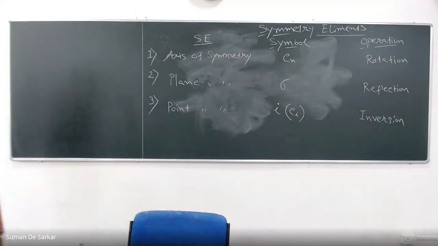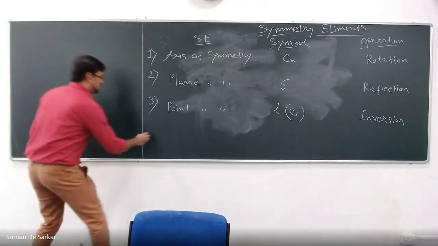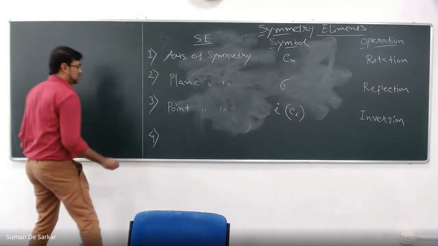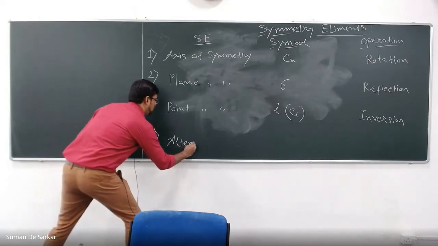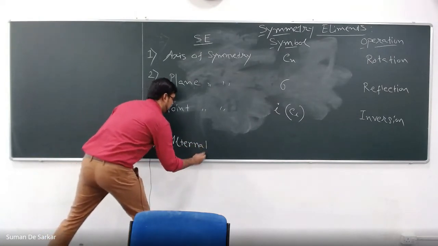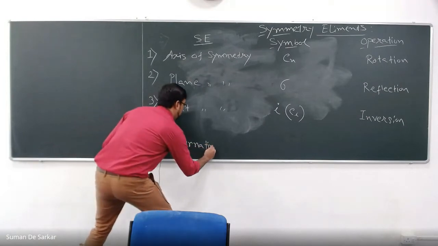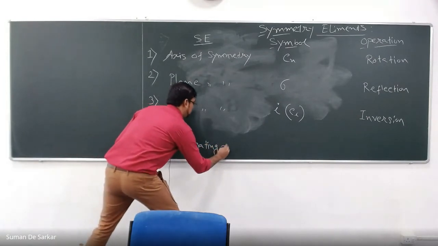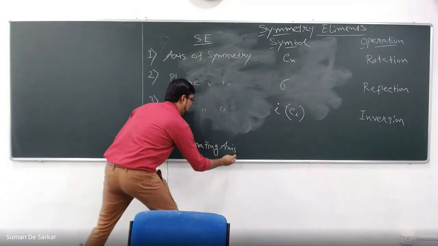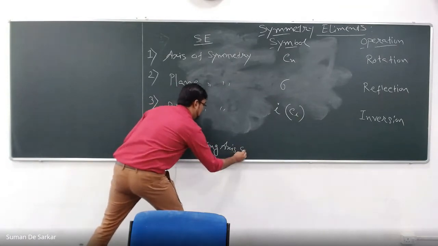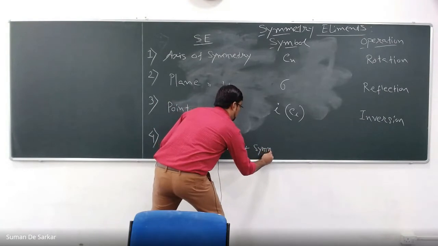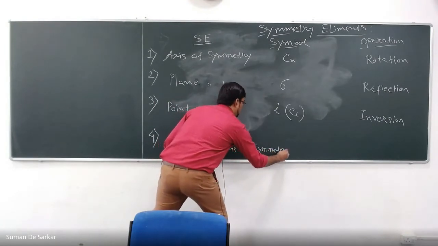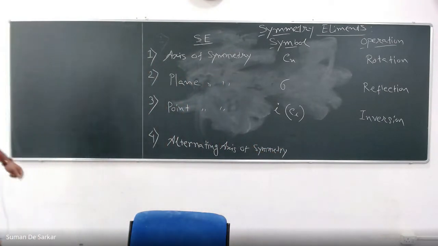The last one is the alternating axis of symmetry.